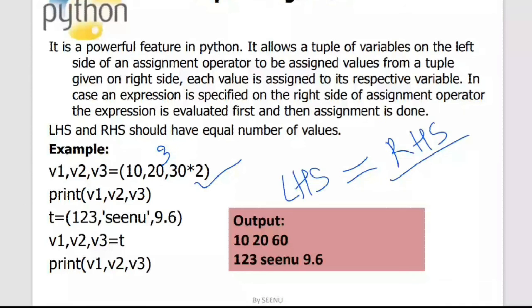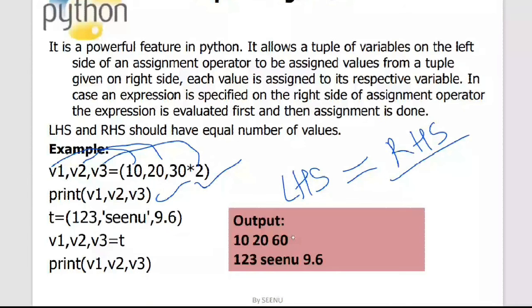There are three literals on the right, so there should be three variables on the left. 10 will be assigned to v1, 20 to v2, and 30 into 2, 60, to v3. Internally, this is actually a tuple. Even if you don't give the parentheses, it works, but internally it is a tuple.